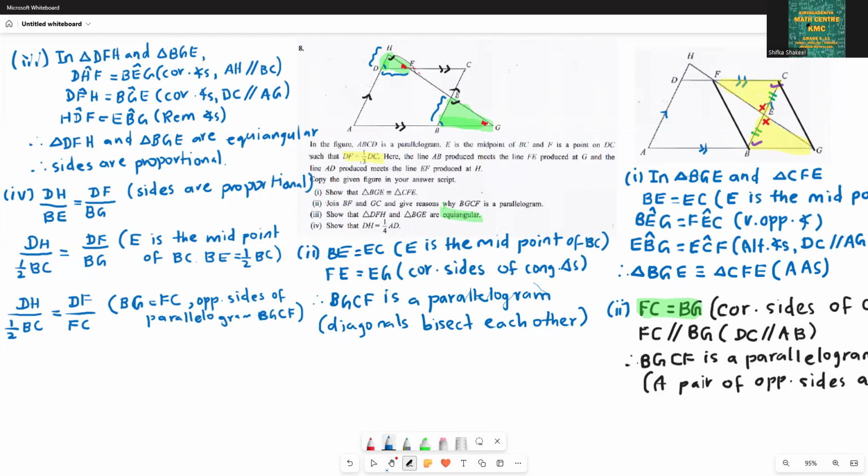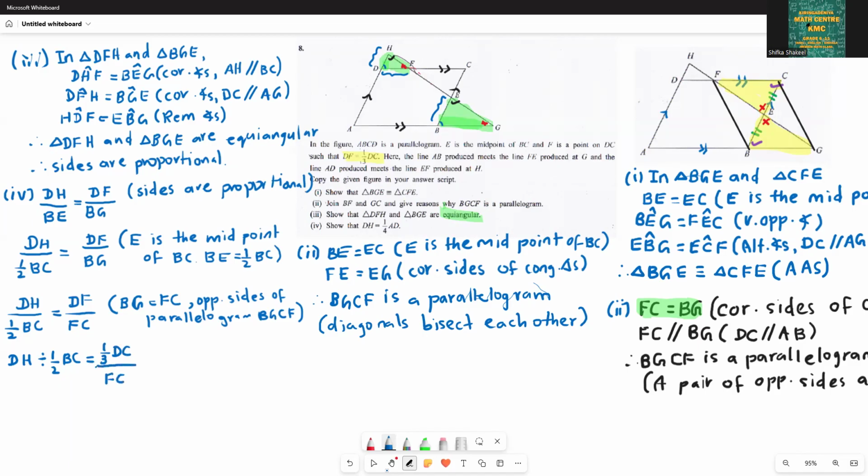Now we will write another step. DH divided by half BC is equal to, instead of DF we can write 1 over 3 DC, over FC. Why is that 1 over 3 DC?